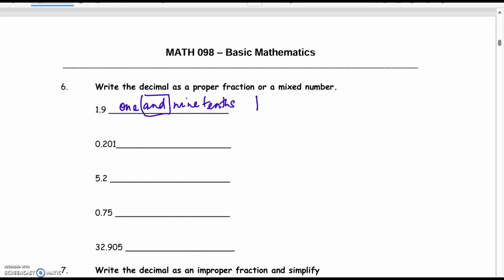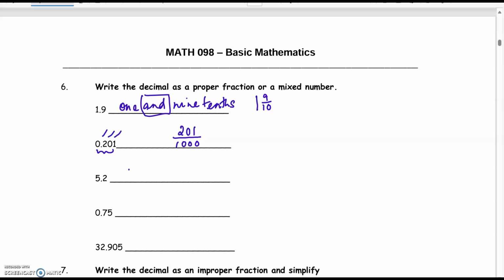It's 1 and, so that gives us the fraction 9 tenths. So here it's 201 thousandths. There is no whole number, so it will be a proper fraction. 201 thousandths. Tenths, hundredths, thousandths. That's where the thousand comes from. So it's a proper fraction, 201 thousandths.